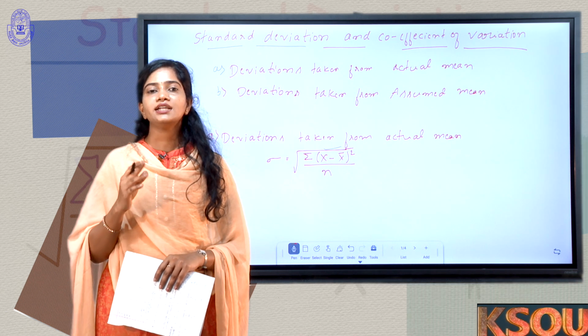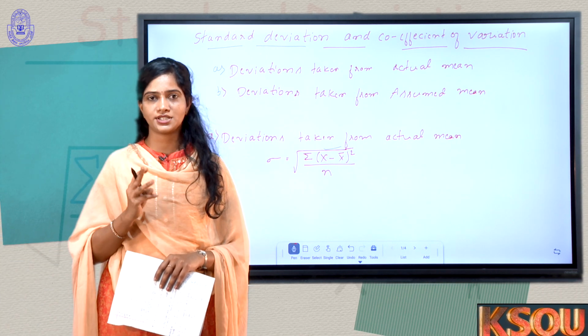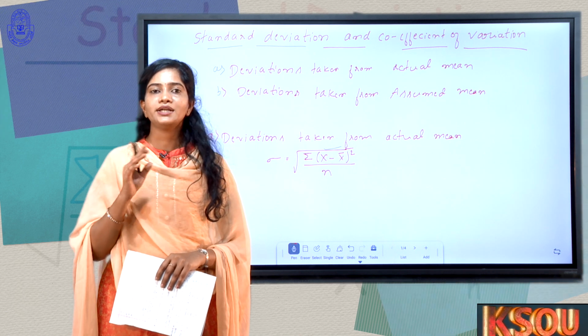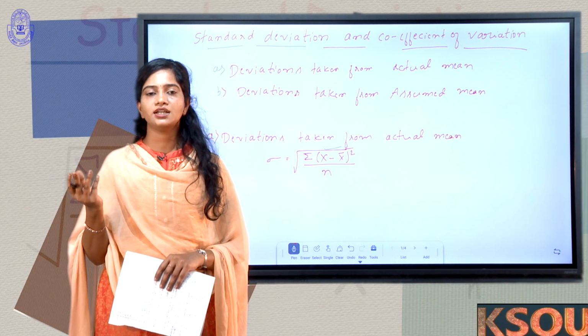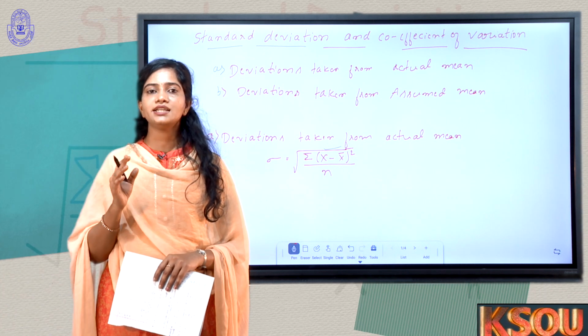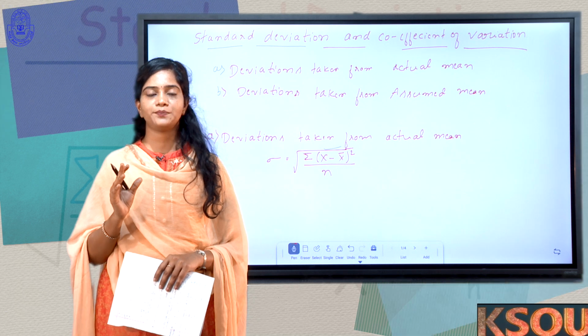You can see you will have two different units of measurement. In order to compare these two, we will have to use the coefficient of variation. In that, we can easily compare between two different units.